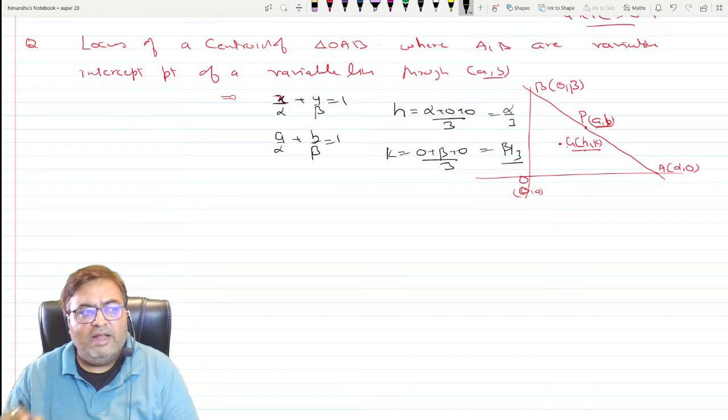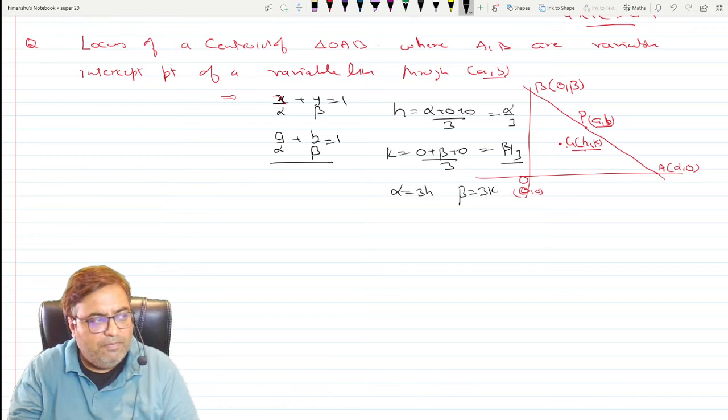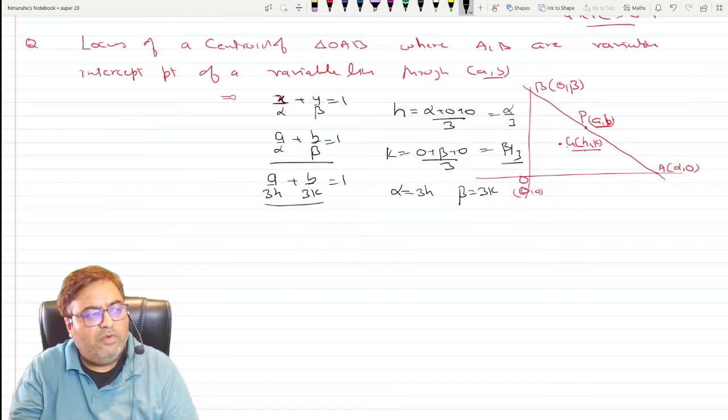So we have to eliminate alpha and beta. Just replace alpha and beta in terms of h and k. So alpha equals 3h and beta equals 3k. If we put these values over here, this will give a upon 3h plus b upon 3k equals 1. This is the required equation.